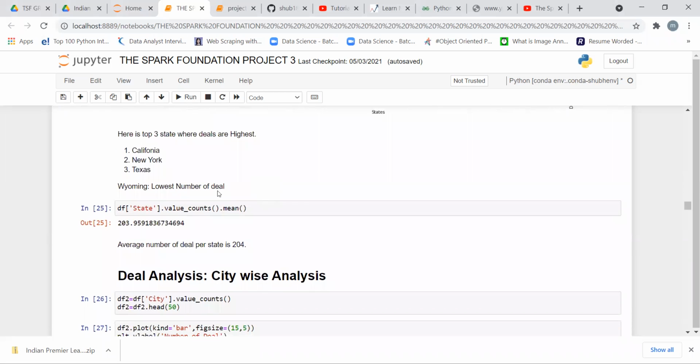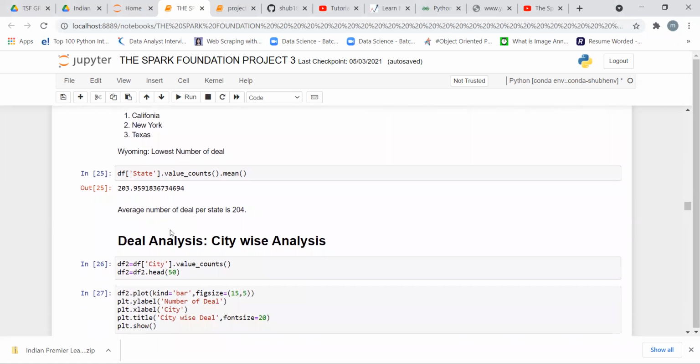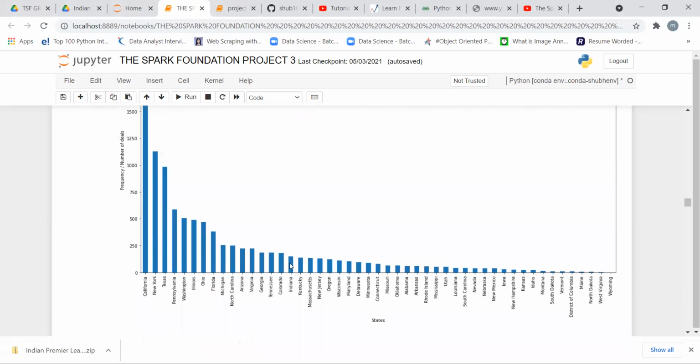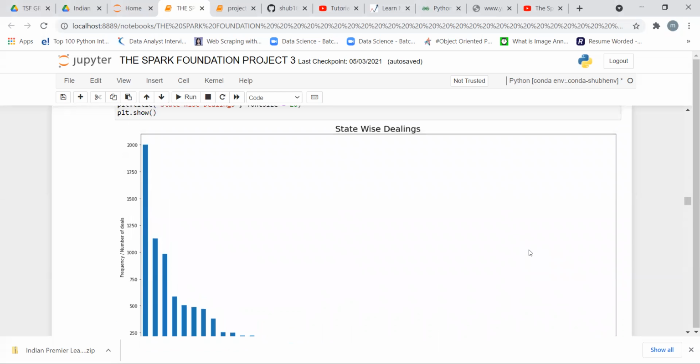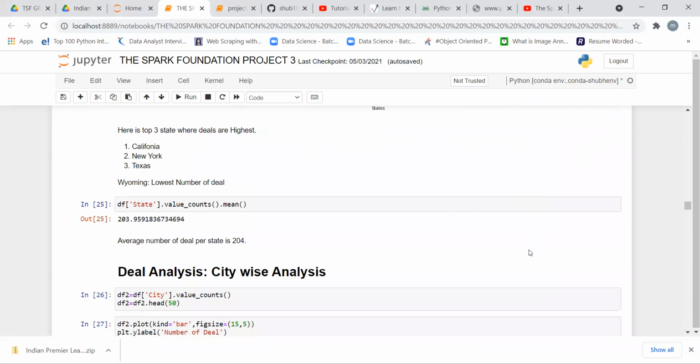Now we calculate the mean of all the states. The average number of dealings per state is around 203.95. It is the average of all the states present in our data set.